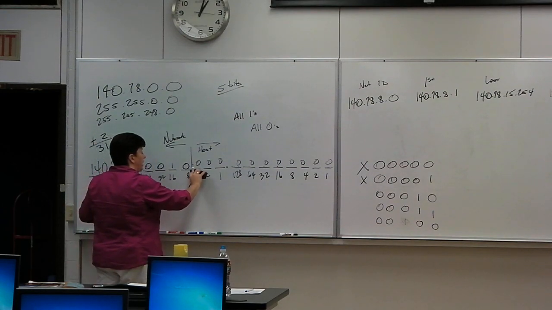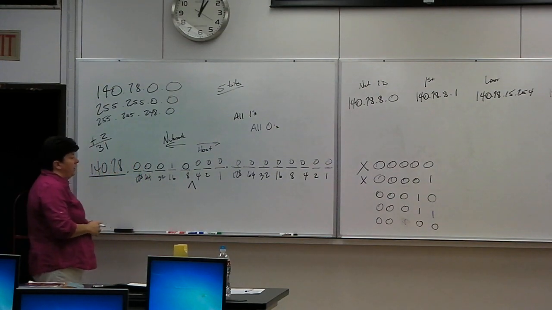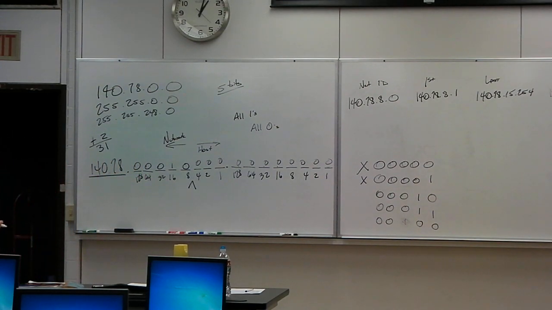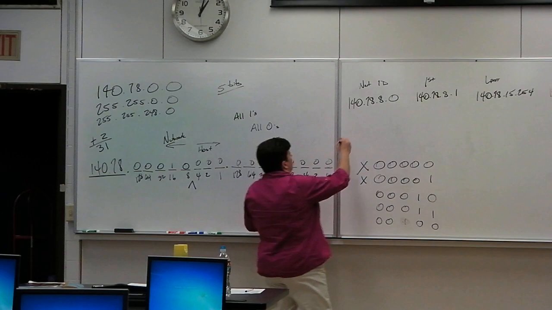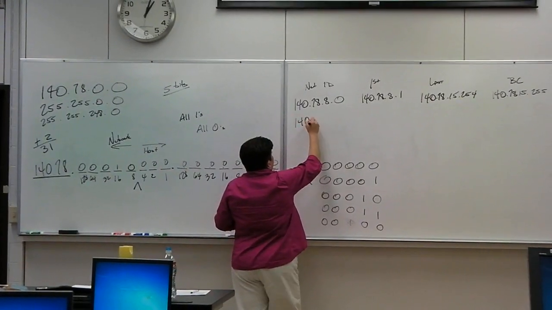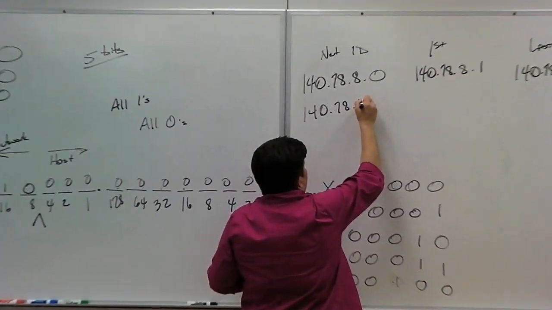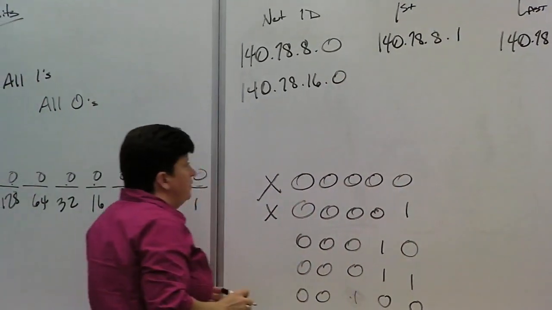We're going to get this out of our way just because it's easier to see. And now what do I have? Yeah. Your second network, 140.78.16.0.